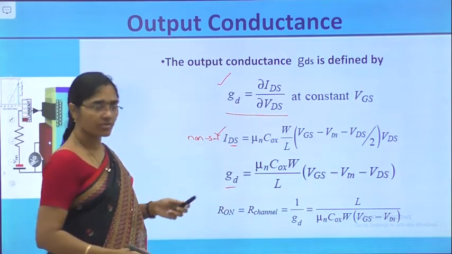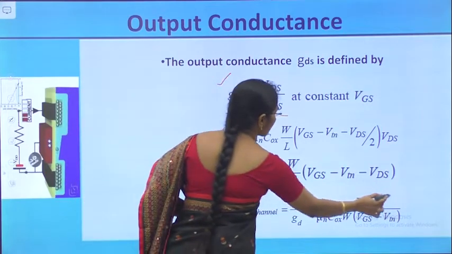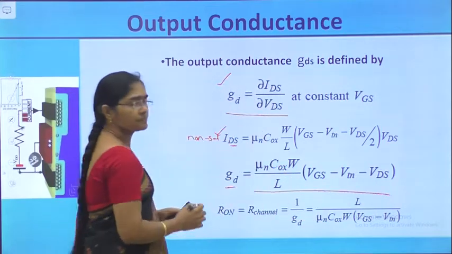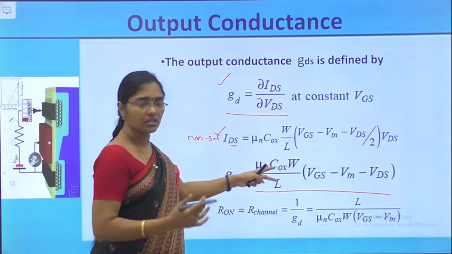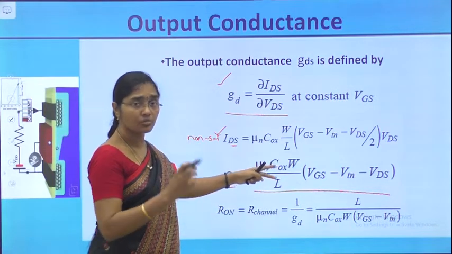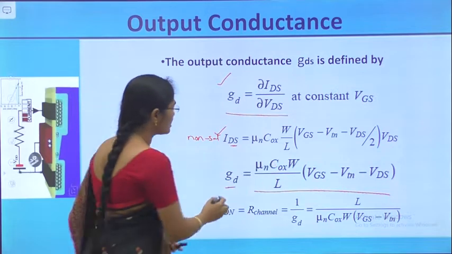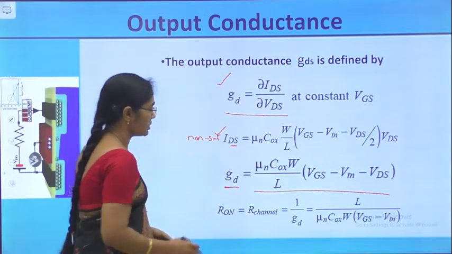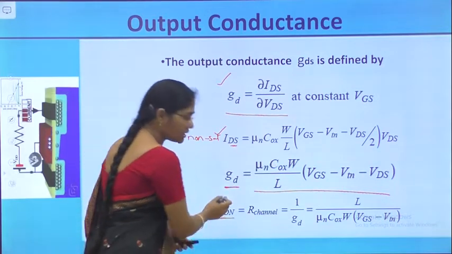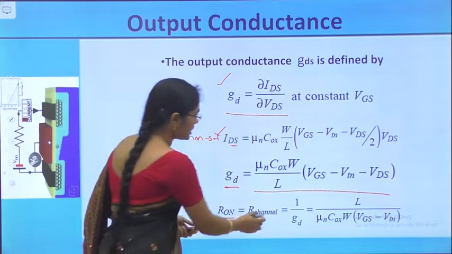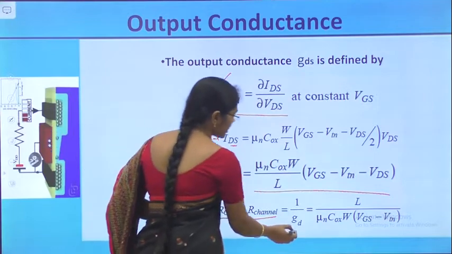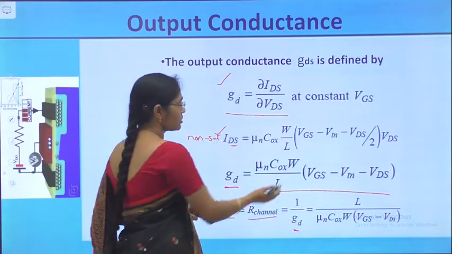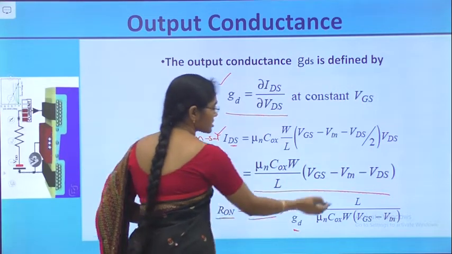After differentiating, GD is equal to this equation. For calculating the output resistance of the device, this GD will be used. That is R on, the on resistance or channel resistance, which is equal to 1 by GD.